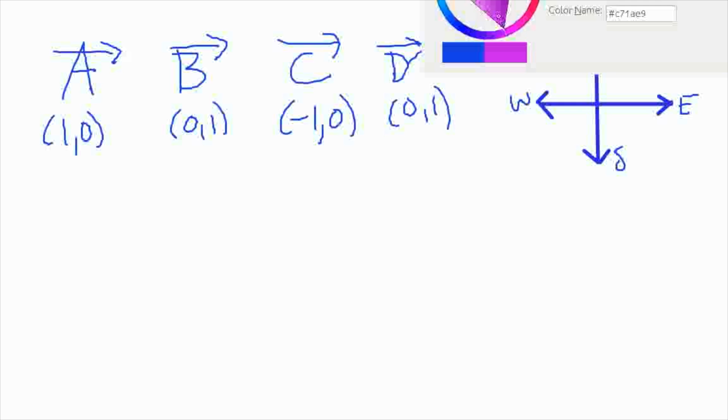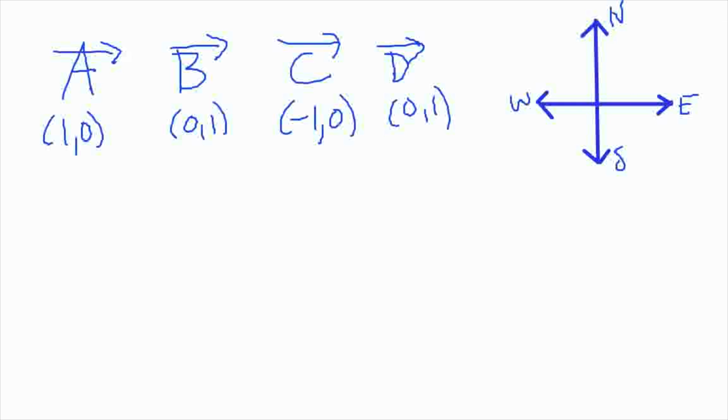Okay, so let me draw what happened. A, I said, was to the east, 1 mile.